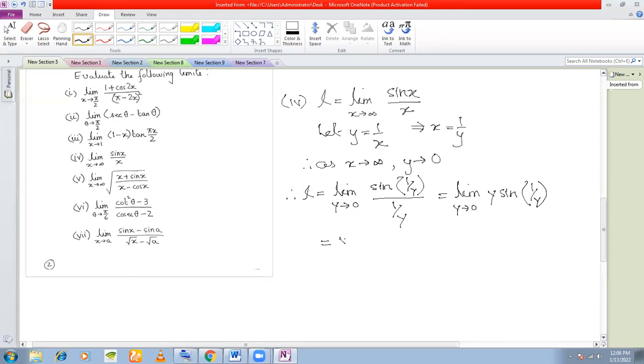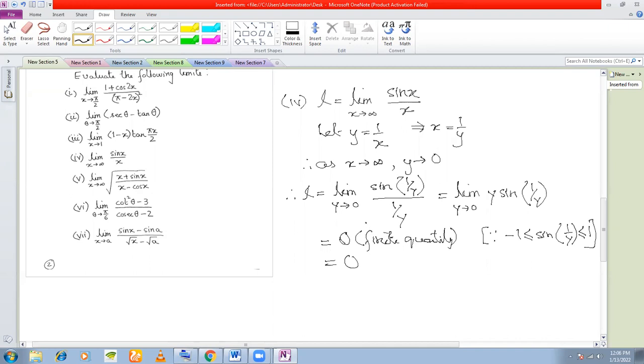That means this is y, this is 0. If I now put y is equal to 0, 0 into some finite quantity. Why finite quantity? Because sine 1 by y will always lie between -1 and 1, right? So the value of this limit is equal to 0.